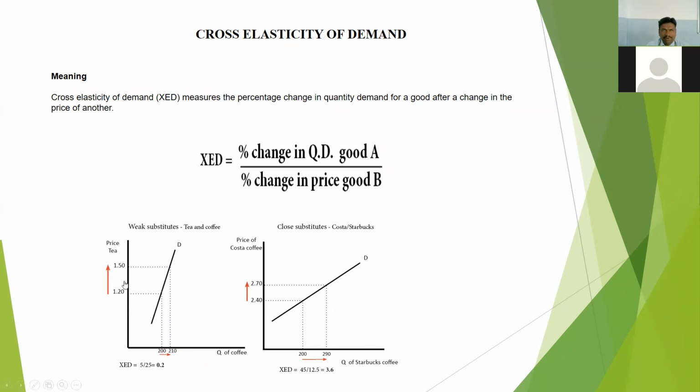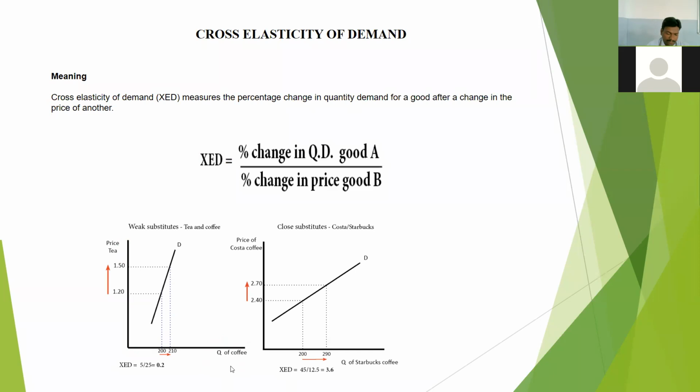Why are we taking this, sir? In previous examples in the diagram we took the price of the commodity and quantity demanded of the same commodity, because there we studied the relationship between the price of that particular commodity and its quantity demanded. But here in cross elasticity of demand, we are measuring the price of one commodity and the change in quantity demanded of another substitutable commodity.